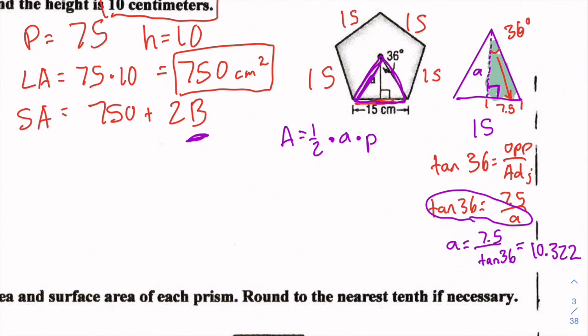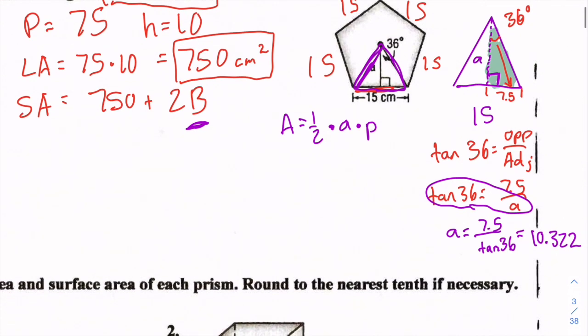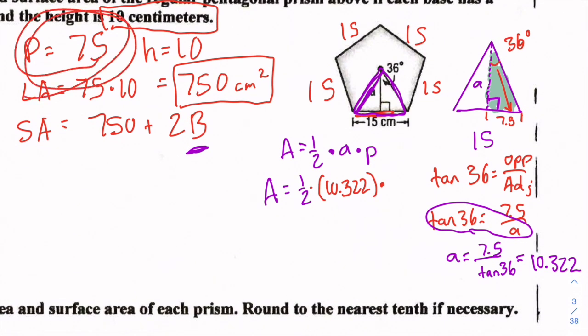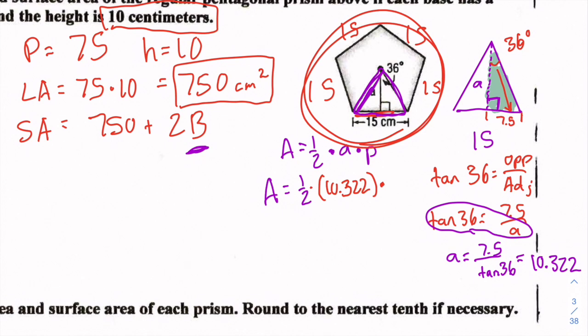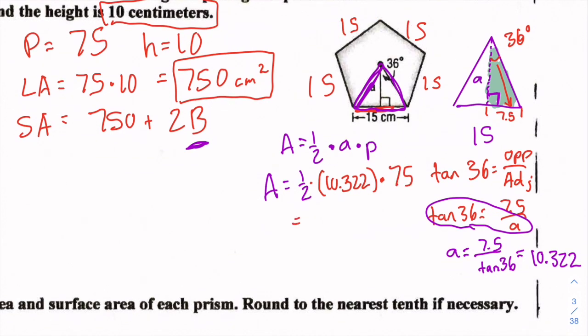So you have that. Now to find the area, I'm just going to plug it into my formula. Area equals 1/2. We found out that the apothem right there is 10.322. Do you know the perimeter? Yes, we do. The perimeter of this pentagon is 75. With a little math magic, this is about 387.107.